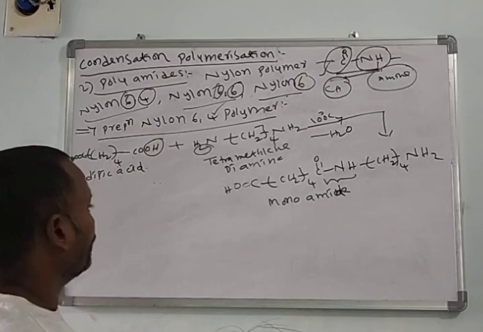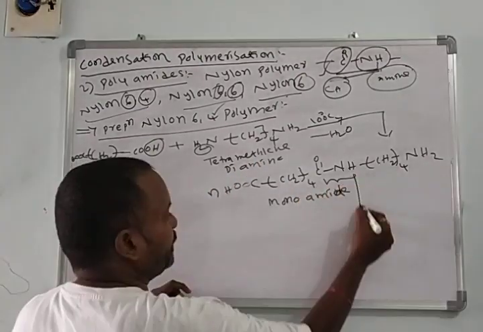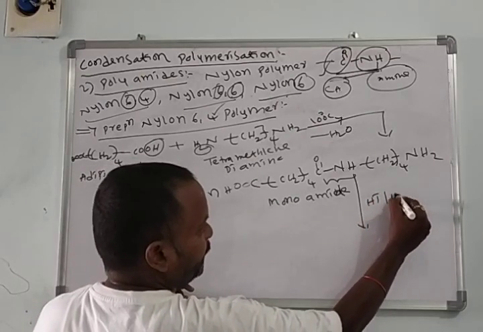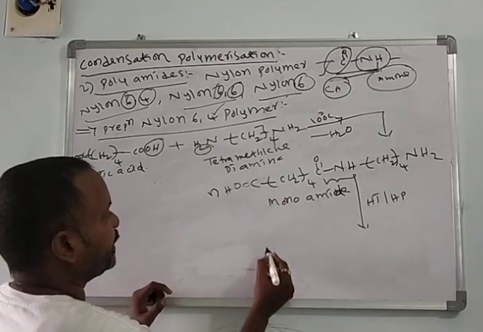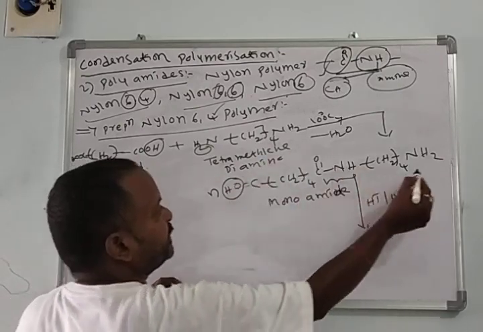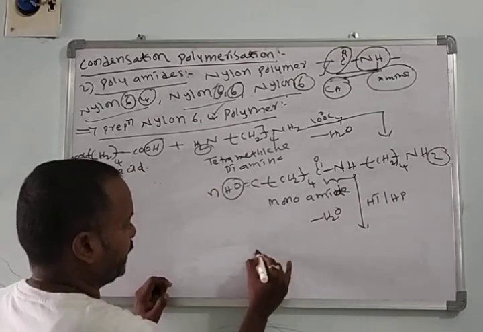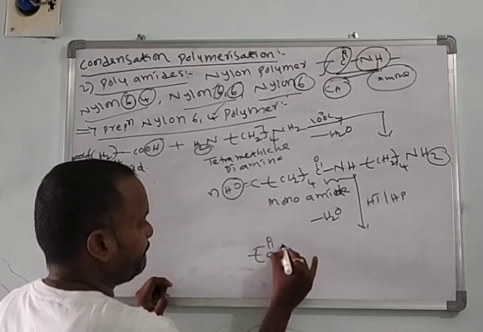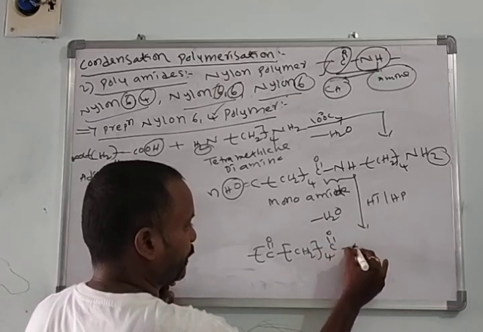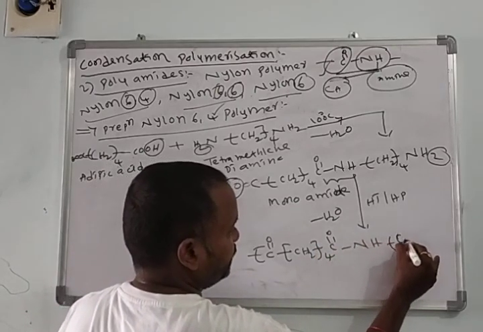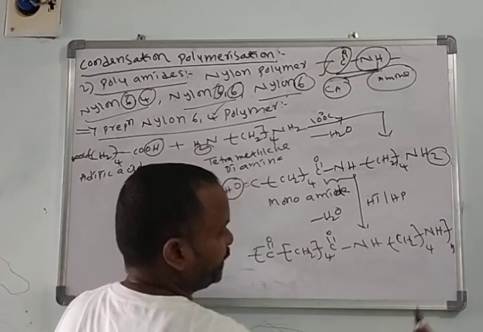Now it undergoes polymerization at high temperature and high pressure. What happened here? It loses OH and it loses H, finally losing the H2O molecule and forming C double bond O. Here CH2 taken 4 times, C double bond O, NH, CH2 4 times, NH, taken n times.